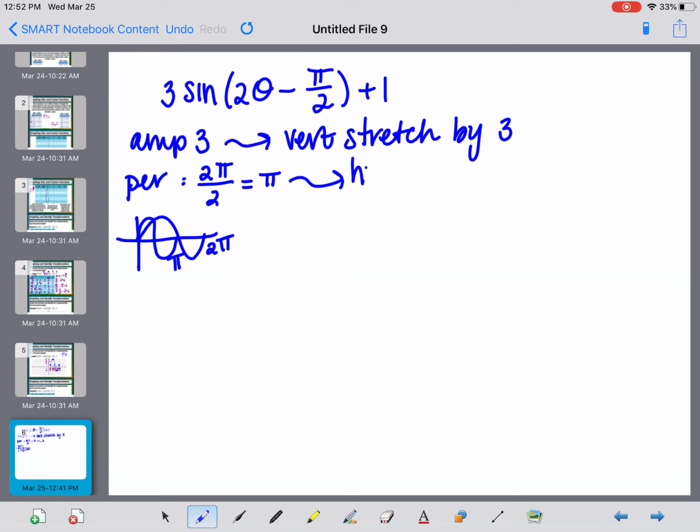So what did that do to my graph? It horizontally compressed it by 1/2. You now had 1/2 the original space in order to graph a period.